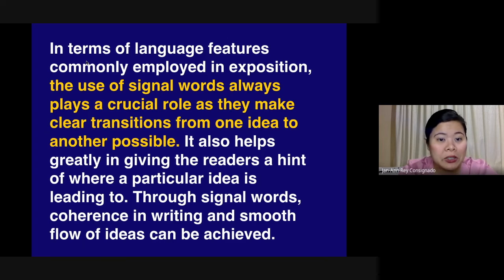It also helps greatly in giving the readers a hint or signal of where a particular idea is leading to. Through signal words, coherence in writing and smooth flow of ideas can be achieved. Now, we are to discuss signal words.